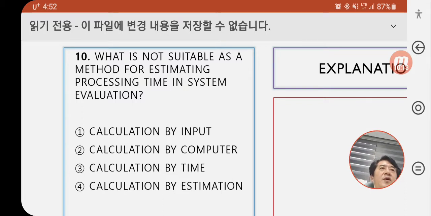Next question. What is not suitable as a method for estimating processing time in system evaluation? The answer is number 3, calculation by time. Why is this the correct answer?